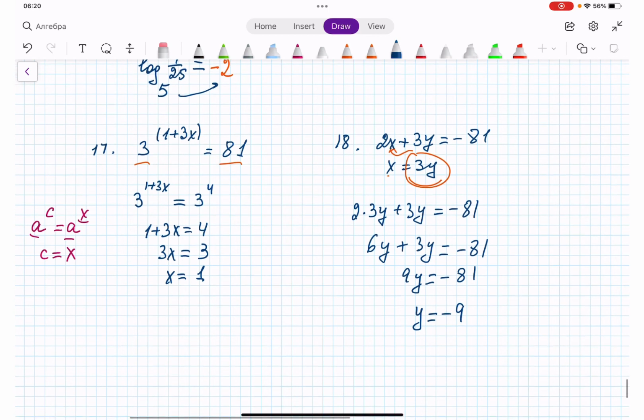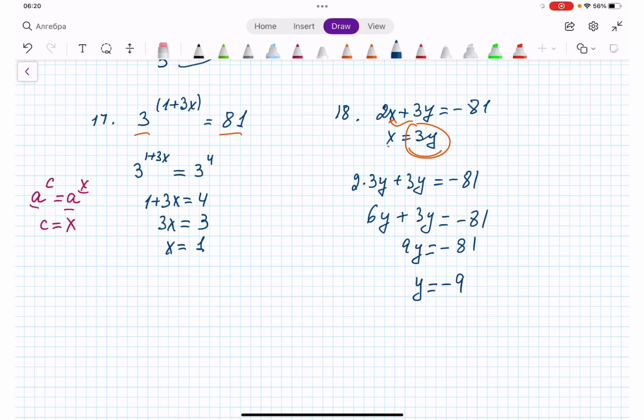Okay, once we have y, now we are plugging into x, where we know x is equal to 3y, which means x is equal to 3 times negative 9, and we are getting negative 27. And my answer is, first position goes x, negative 27, and second position goes negative 9.